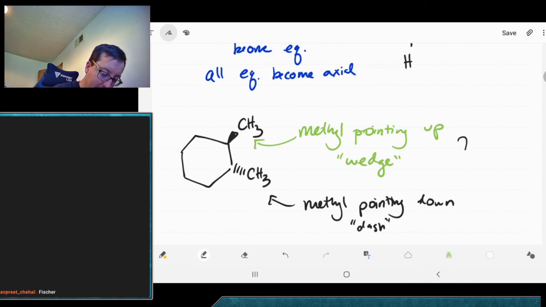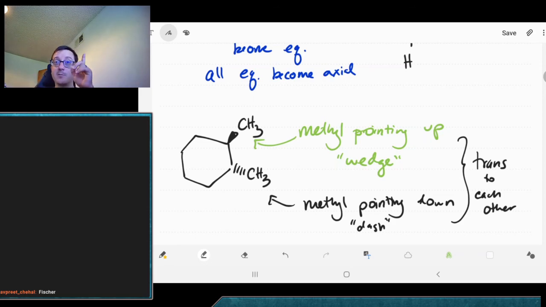These are trans to each other. Remember, trans means the opposite, so that one is pointing up, one is pointing down. Those are trans. If they're both pointing up, they're cis. Or both pointing down, they're cis. But in this case, these ones are trans to each other. So we'll see how that's going to look when we look at the chairs of this particular molecule next time.